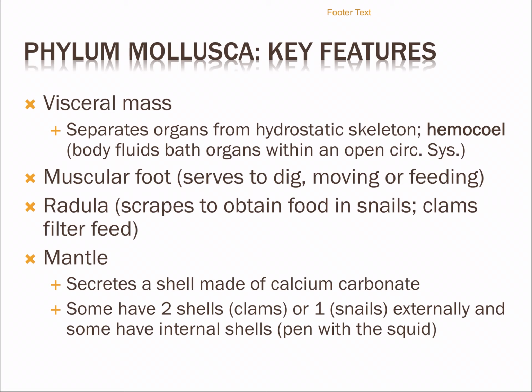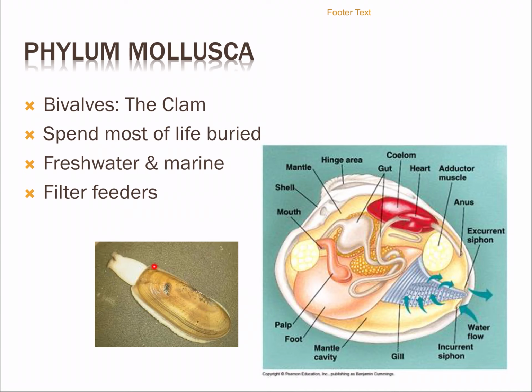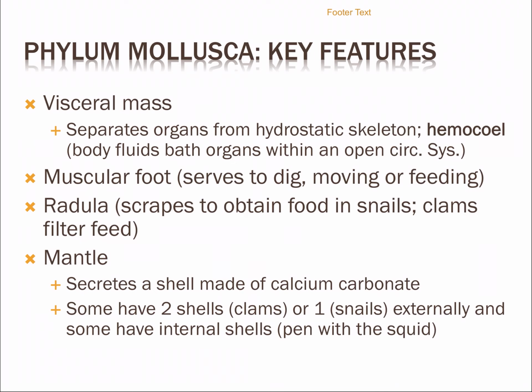Something called a hemocoel is a structure that separates the organs from the visceral mass. The muscular foot, like we talked about, serves to dig, move, and feed. You can see the muscular foot here, pushing its way out of the side of the bivalve. The radula scrapes to obtain food in snails, and clams filter feed.